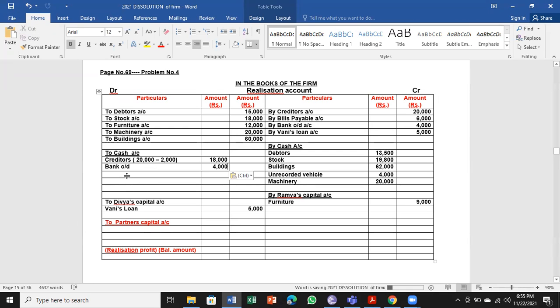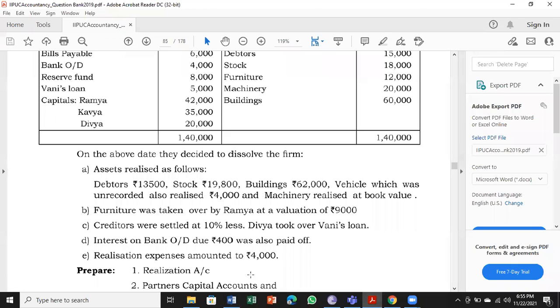So bank OD, then interest on bank overdraft is also paid. So first we have to pay the bank loan, then the bank overdraft. Bank overdraft is paid full amount. Interest on bank OD is 400. That is why it's called also paid off. Next, realization expense amounted to 4,000.